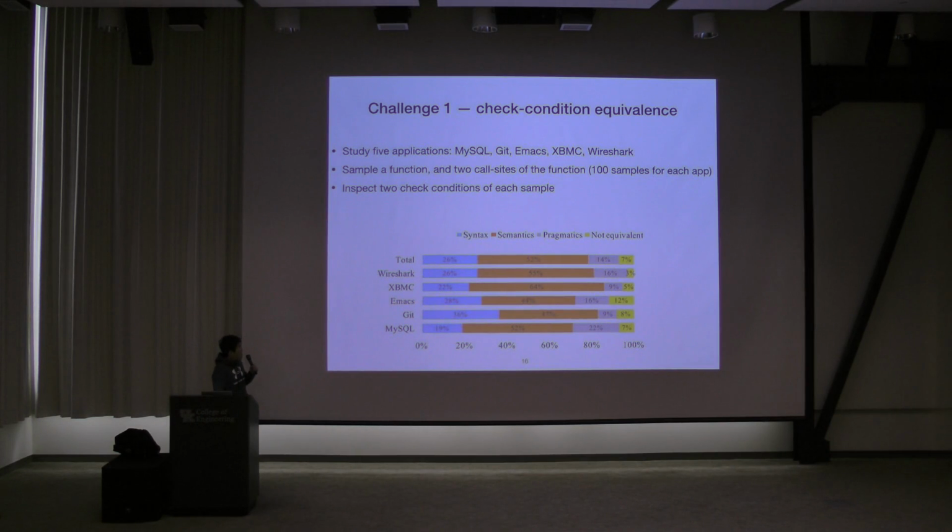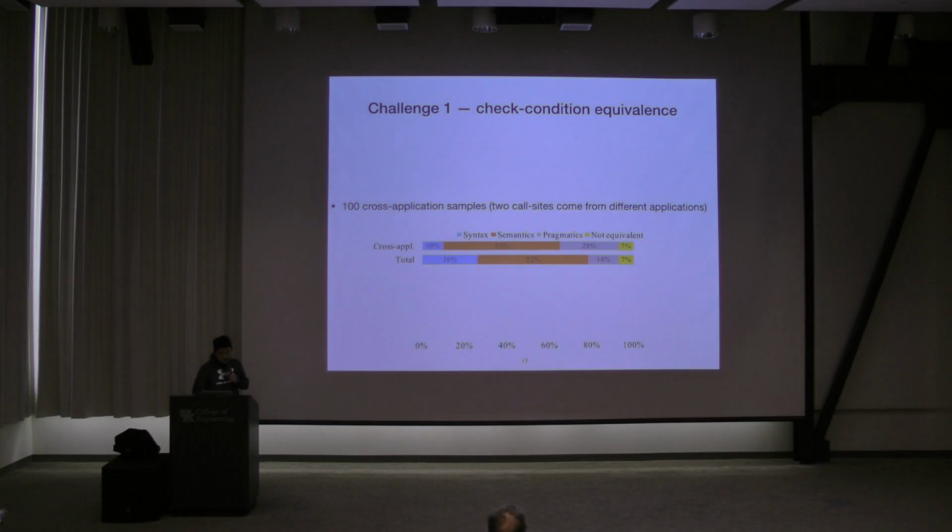26% are syntactic equivalent, while 52% are semantic equivalent, while 14% are pragmatic equivalent, while others are not equivalent at all. And we further select 100 cross-application samples, which means two callers come from different applications.